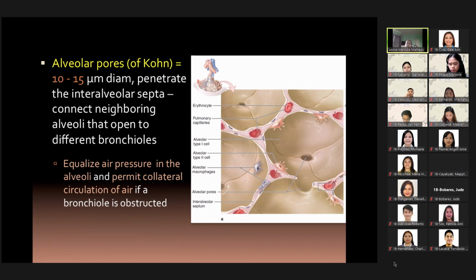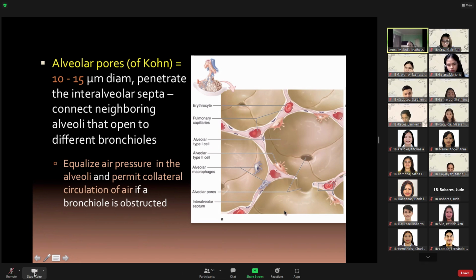They may equalize air pressure in the alveoli and therefore permit collateral circulation of air. If one bronchiole is obstructed, let us say the bronchiole to which this alveolus is connected, the air from this alveolus can now pass through this pore and eventually into another bronchiole. That's the purpose of your alveolar pores of Kohn.